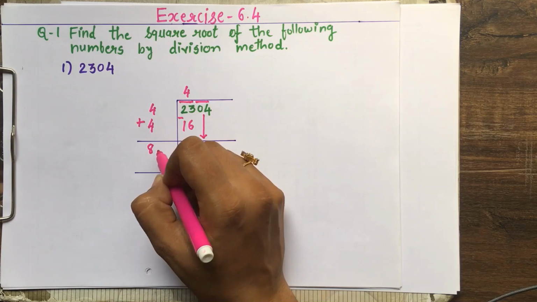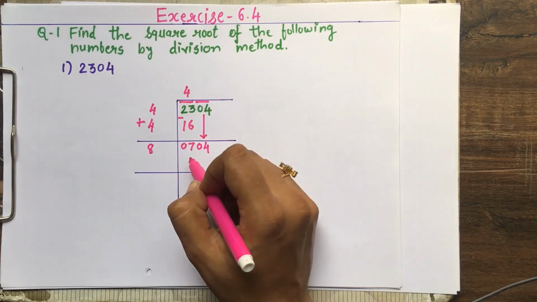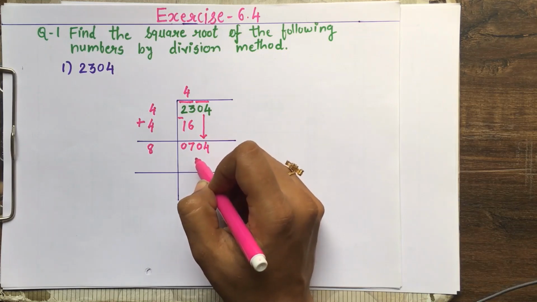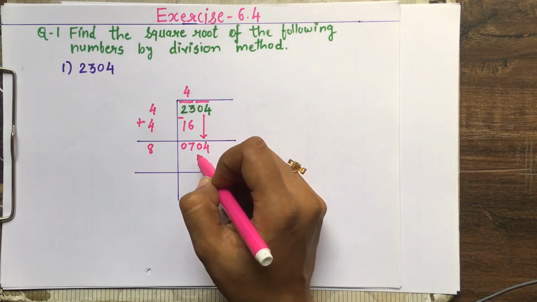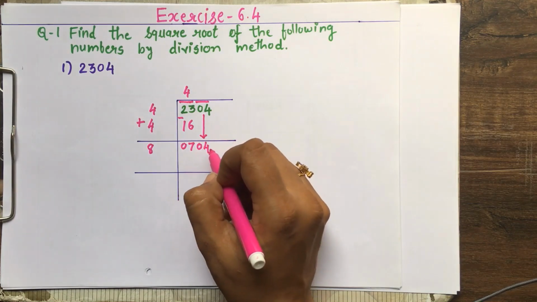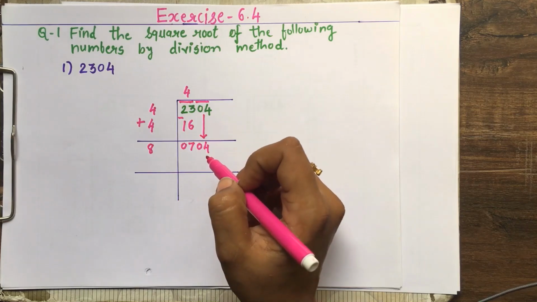So if I take 82, then 82 2s are, whatever the product is, I have to write over here. But the number you have to choose is accordingly, so that the number should be nearby to 704 or it should be equal to 704.